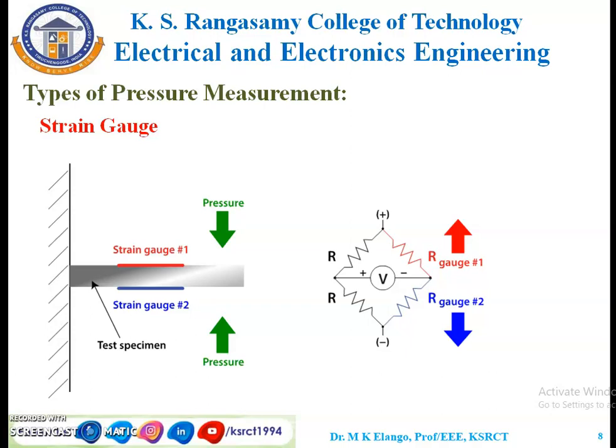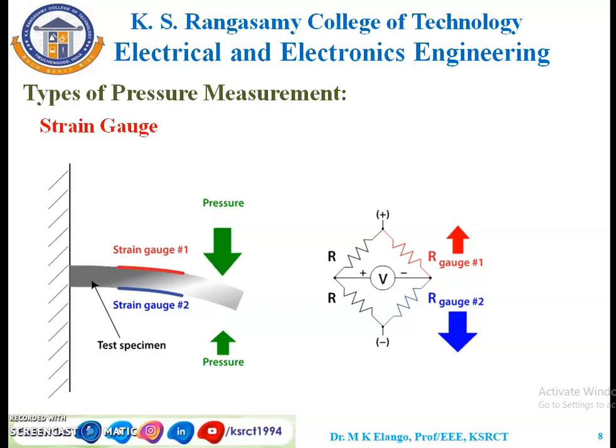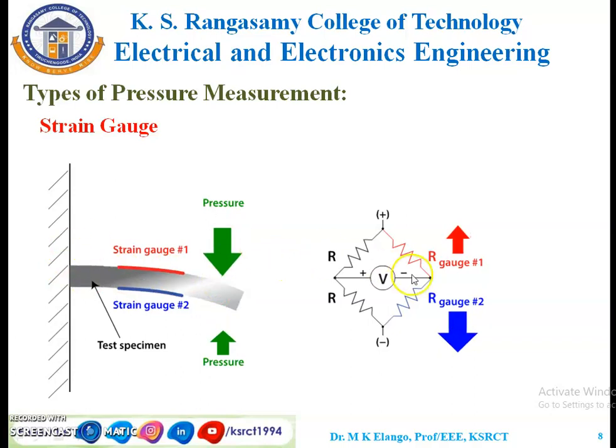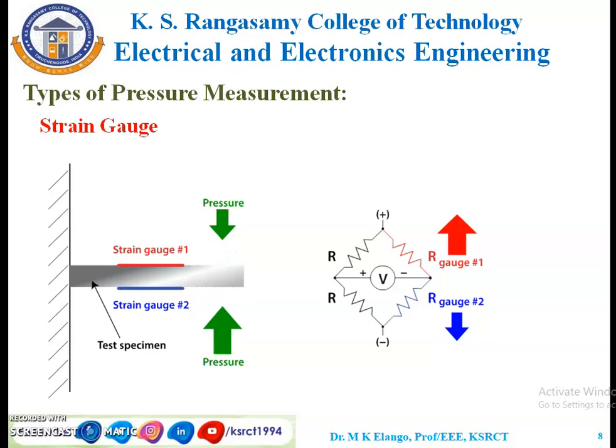And the next one, strain gauge. That is under the electrical pressure measurement. Here, based on the pressure applied, the strain gauge is going to change the resistance value. In previous classes I explained the basic principle of strain gauge. Here we apply the pressure, which means strain is going to be applied.